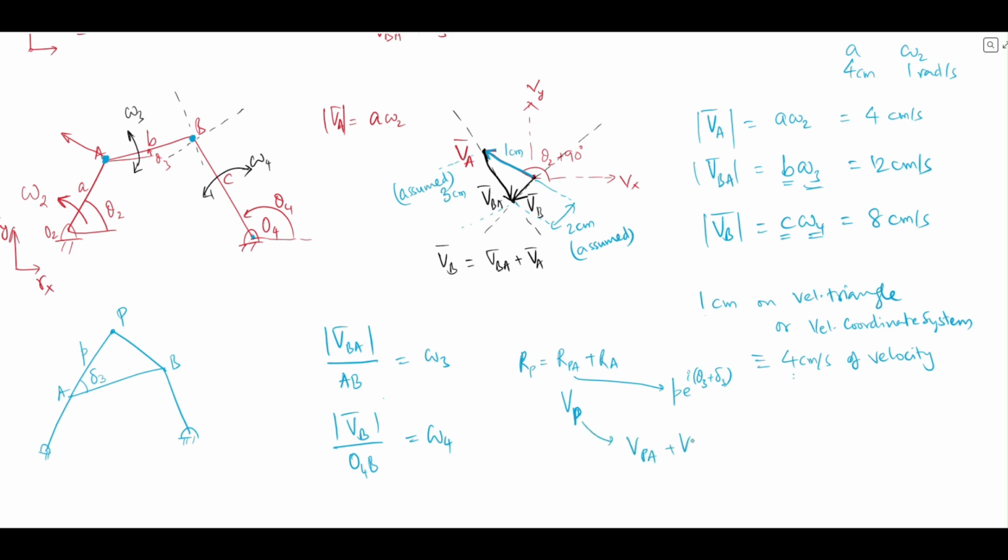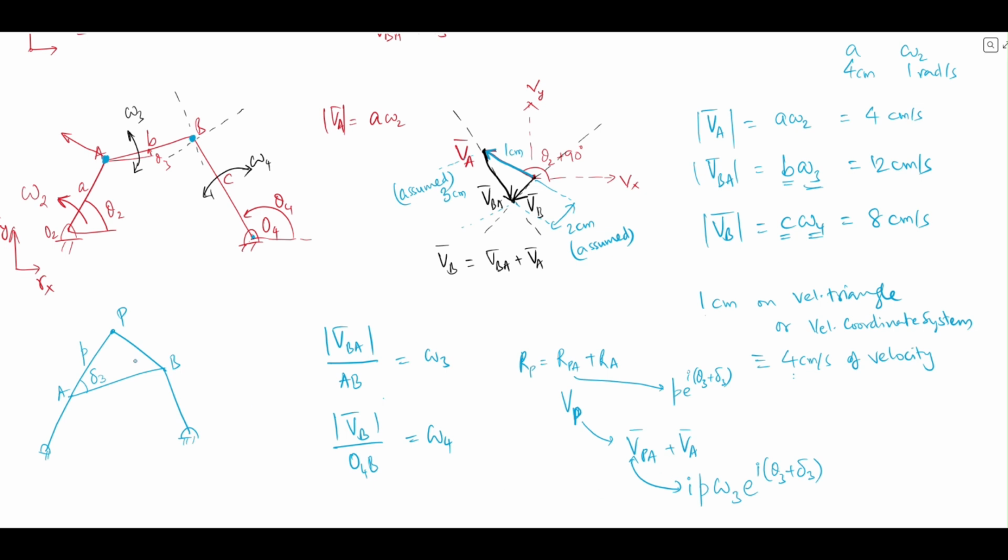and the VP is similarly VP with respect to A plus V of A. This one would simply be, because P is rotating with angular velocity of omega 3, which has already been obtained from the velocity triangle analysis, and this would be at i theta 3 plus delta 3.